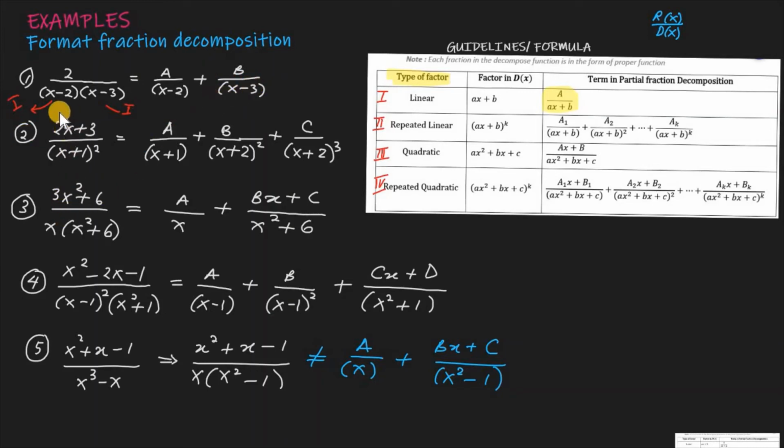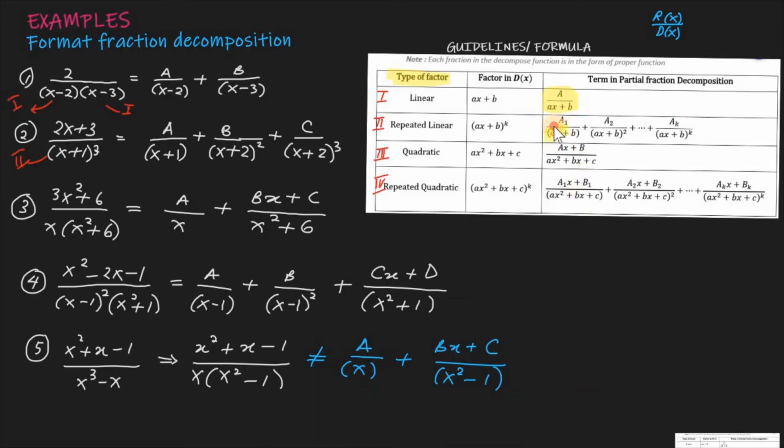Next, question number 2. Again, look at the denominator. Here we have a linear factor and it is repeated. Let's say it is repeated 3 times. So this is case number 2, where we have a repeated linear factor. How do we decompose it?